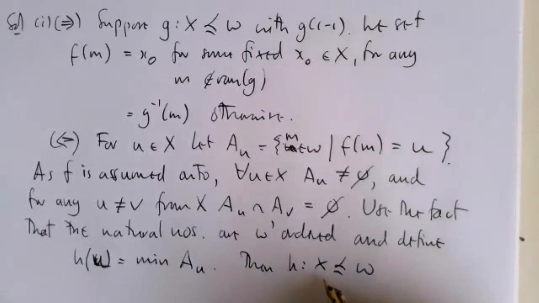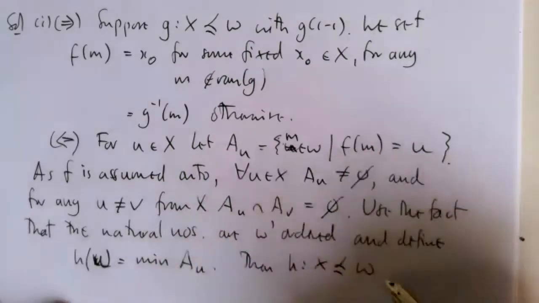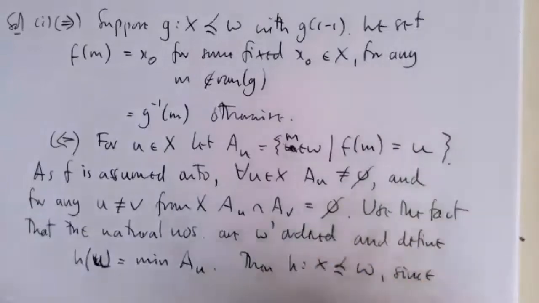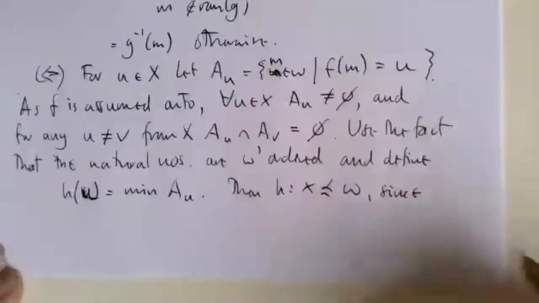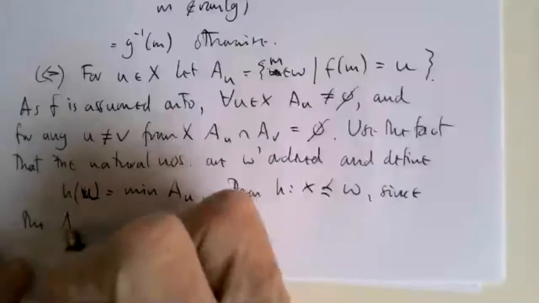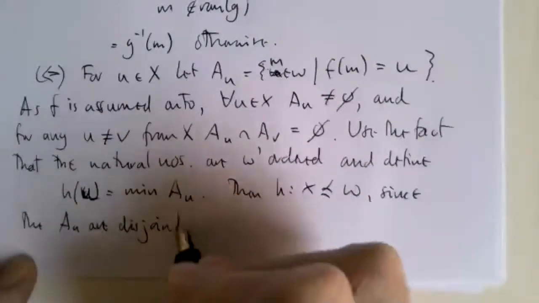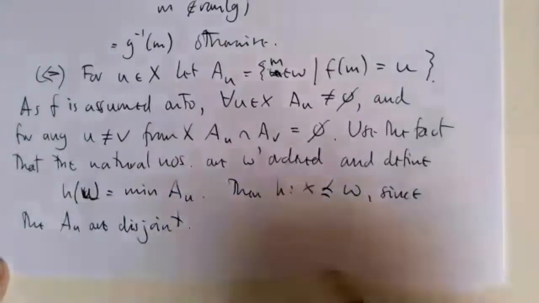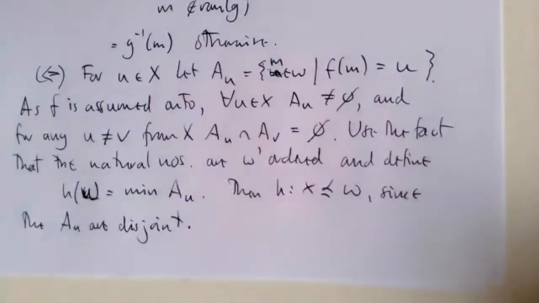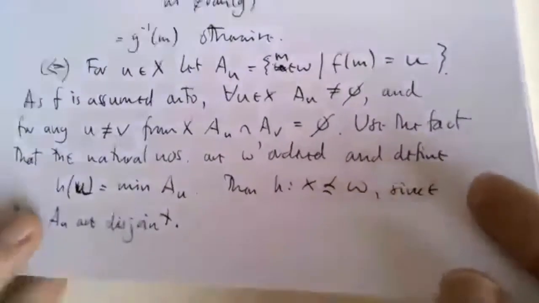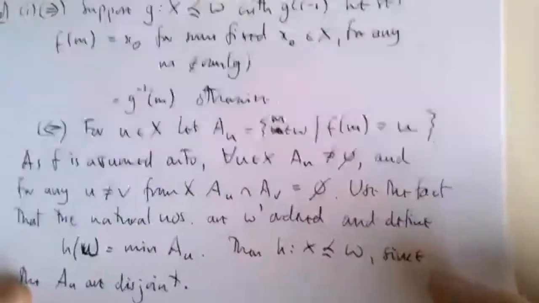And it is 1 to 1 because, as we just said, these are all disjoint. Okay, so that completes that direction.